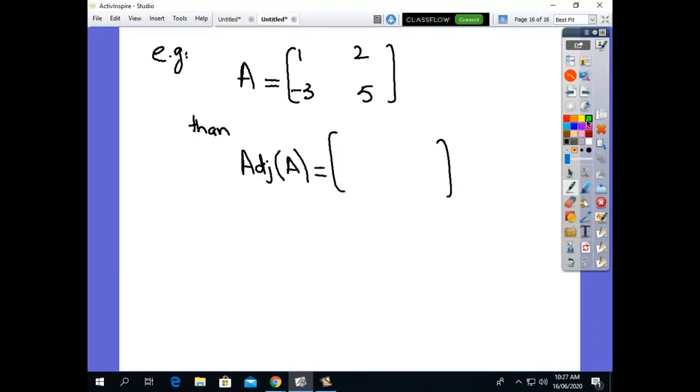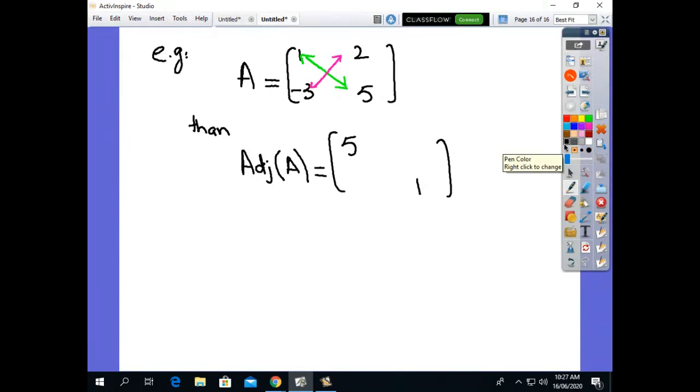first of all, replace the values of the principal diagonal. Instead of 1 we write 5, and instead of 5 we write 1. Then change the sign of the other diagonal, that is 2 and -3.